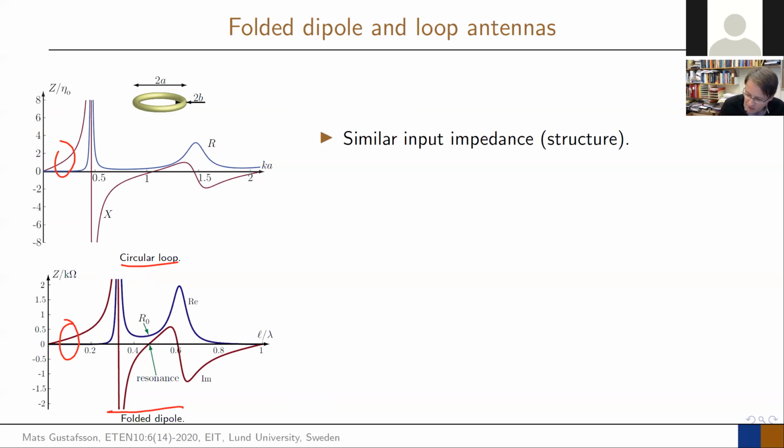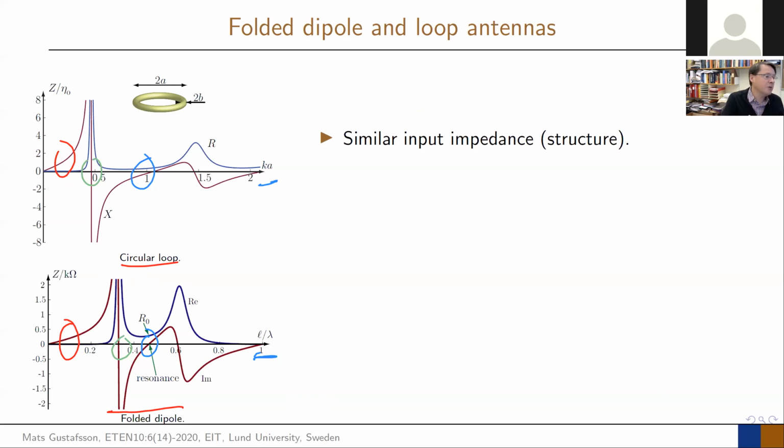Both of them have this anti-resonance here and there. And then they have their resonance frequency there, and they have the resonance frequency there. In these cases, I use slightly different scaling to make it easier to see, because the dipole is, of course, in L over lambda, and the other one would be in the circumference over wavelengths, which was Ka.